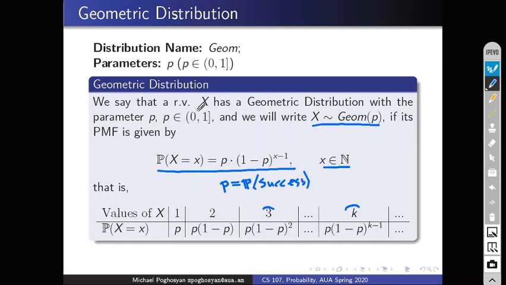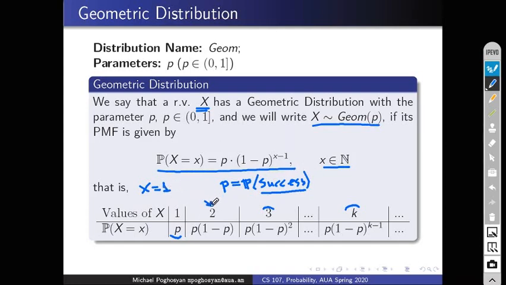So what is this capital X, our random variable, showing? Our random variable is showing how many trials we need to do until having the first success. X is 1 means that the first was a success, and the probability that the first experiment resulted in success is P. Okay, X is 2.